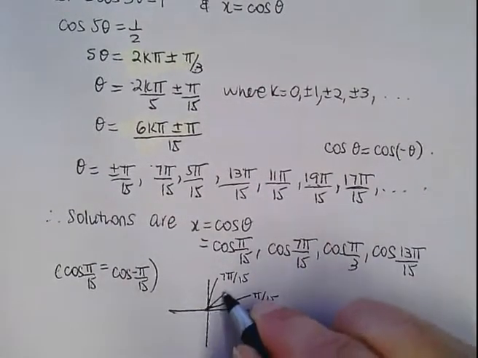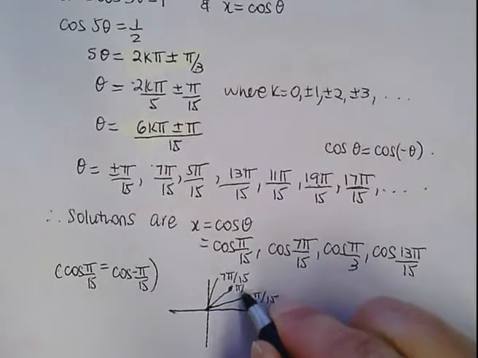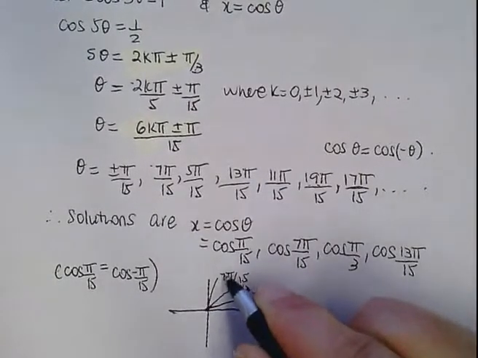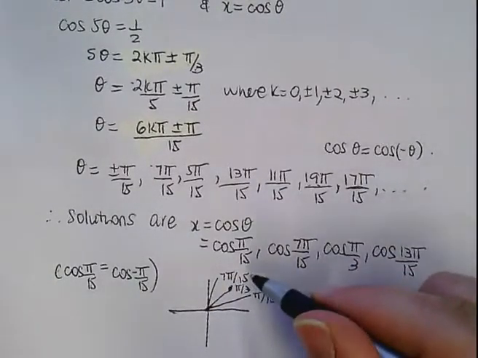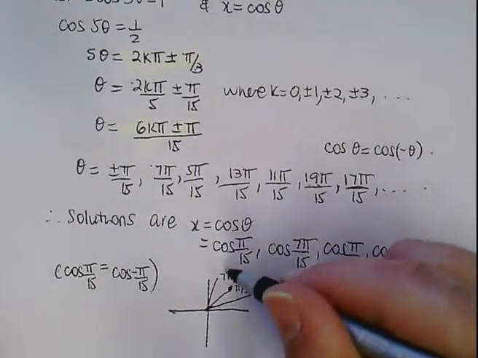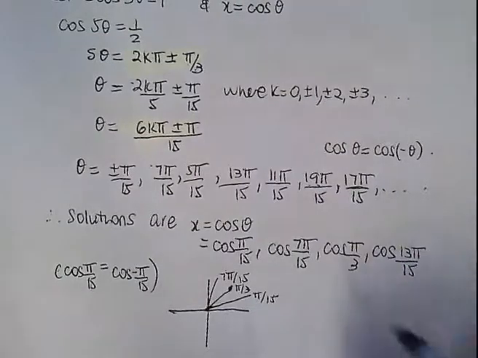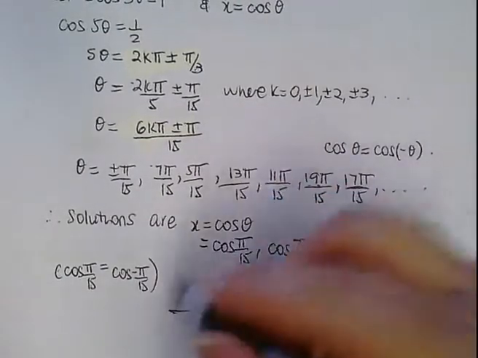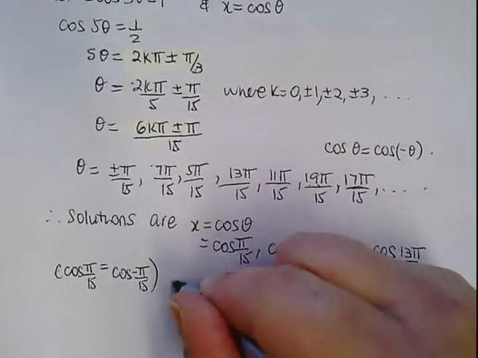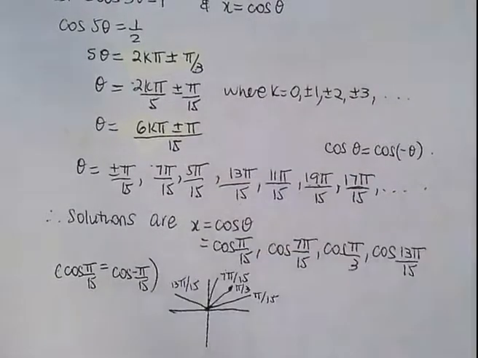The cos of pi on 3 will be about there. Cos of pi on 15, cos of 7 pi on 15, cos of pi on 3 is here. Then we've got cos of 13 pi on 15 will be about there. Now cos of 11 pi on 15.